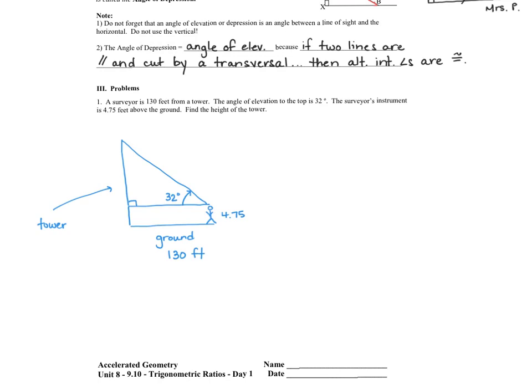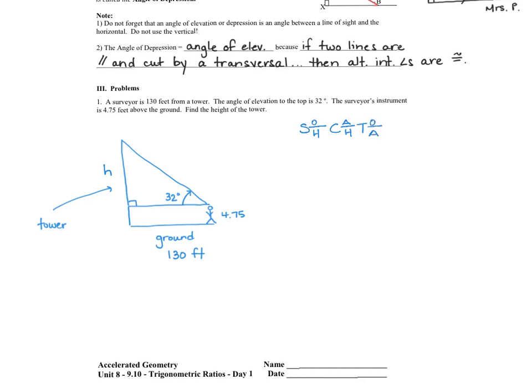So the first thing I'm going to find is the height of the piece of the triangle that's missing, and then when I'm done, I'll add in that 4.75 feet to get me all the way to the ground. Again, we said the angle of elevation and angle of depression problems are going to deal with our trig functions. So I'm just going to put my SOHCAHTOA here to get started again.